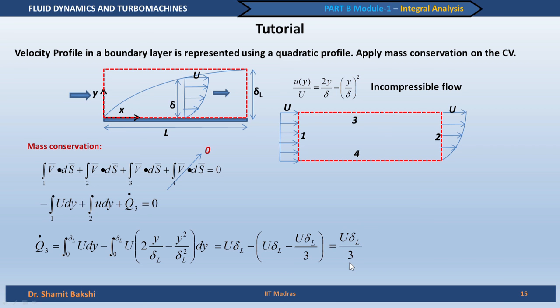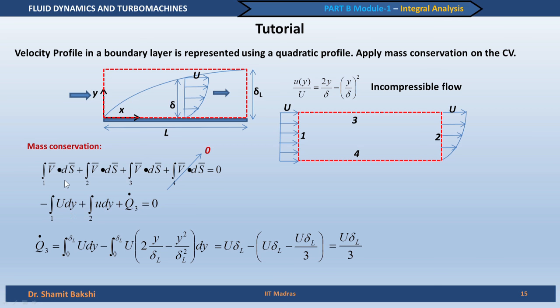So, this is a very interesting piece of information, which says that q3 dot is actually not 0. In fact, it is 1/3 of U into delta L. U into delta L is actually the volume flow rate coming into this control volume, U multiplied with this area. Of course, while writing the expression for area here, I have missed out one point.